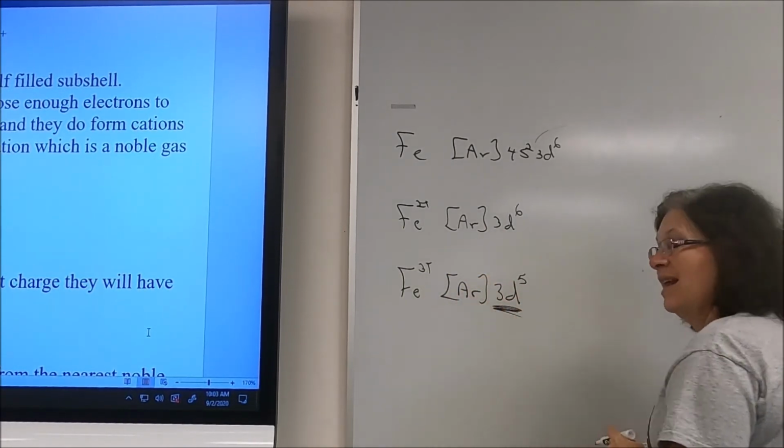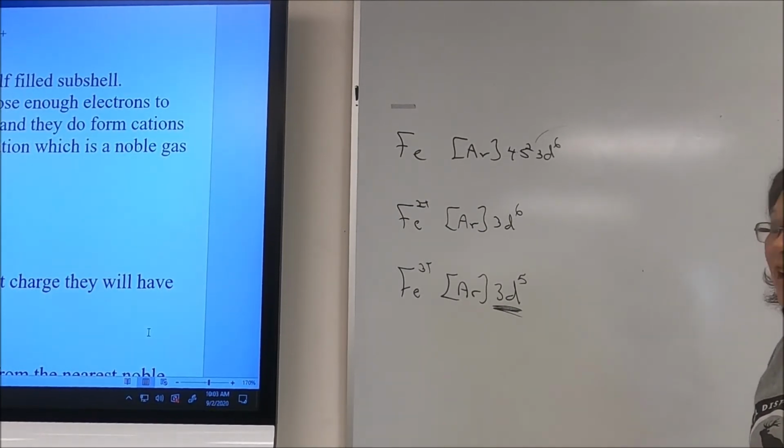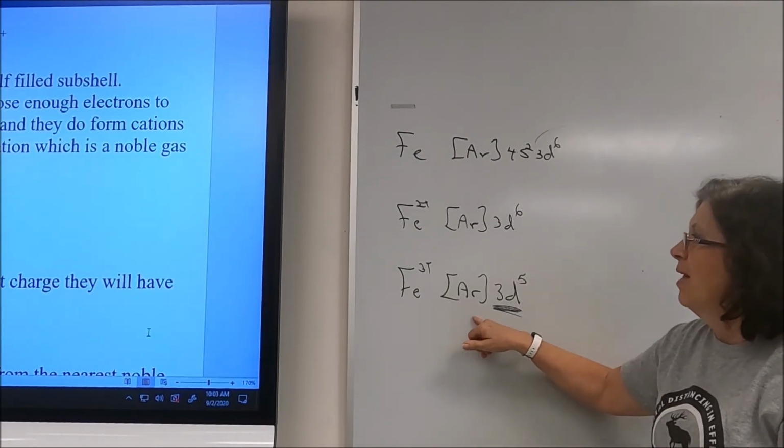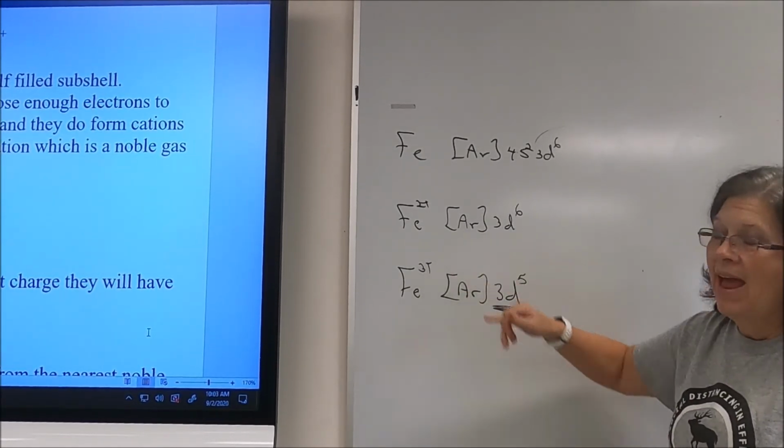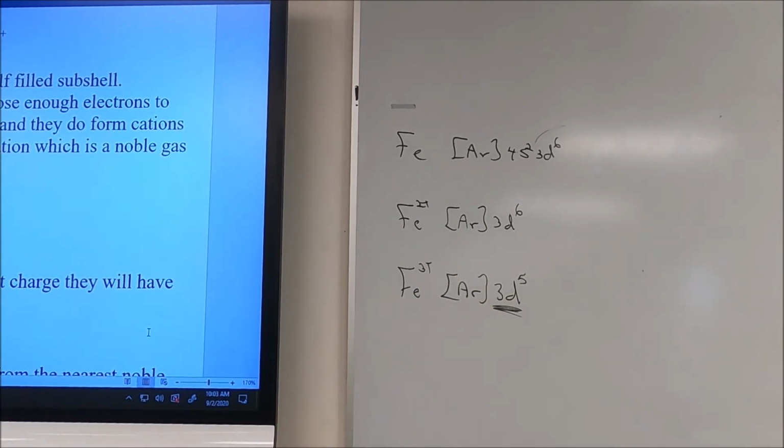Now, 3d5 is important. That's a half-filled subshell. Nature likes half-filled subshells. So an iron 3+ ion is actually more favorable than an iron 2+ in that it has an electron configuration where there's less electron-electron repulsion in the d subshell.